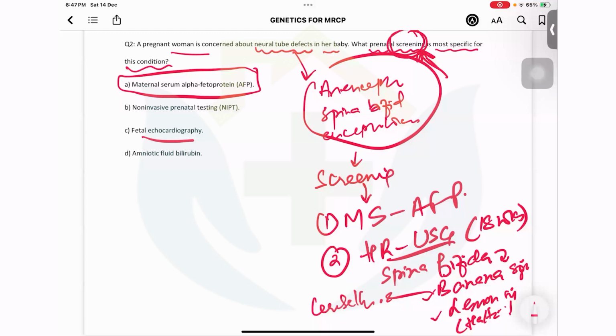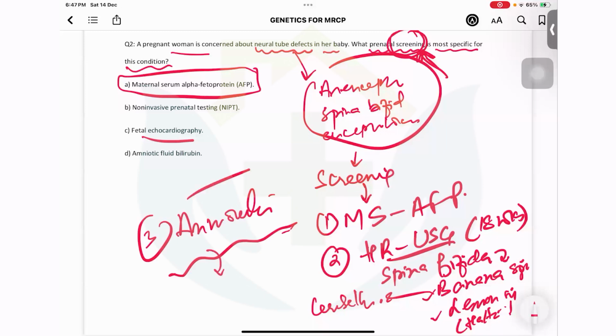Then, of course, after ultrasonography, you can do amniocentesis. What is important in amniocentesis for neural tube defects? One is amniotic fluid alpha fetoprotein will be elevated. So this was maternal serum alpha fetoprotein, and this is amniotic fluid alpha fetoprotein. Anything else?